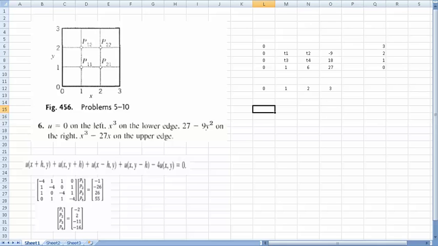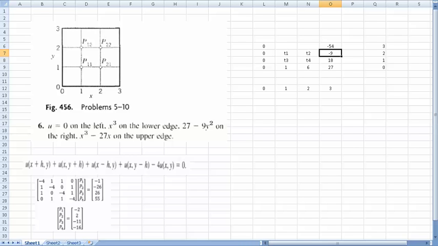And then 27 minus 9 times 3 squared, 27 minus 9 times 9, 27 minus 81, which is a minus 54.